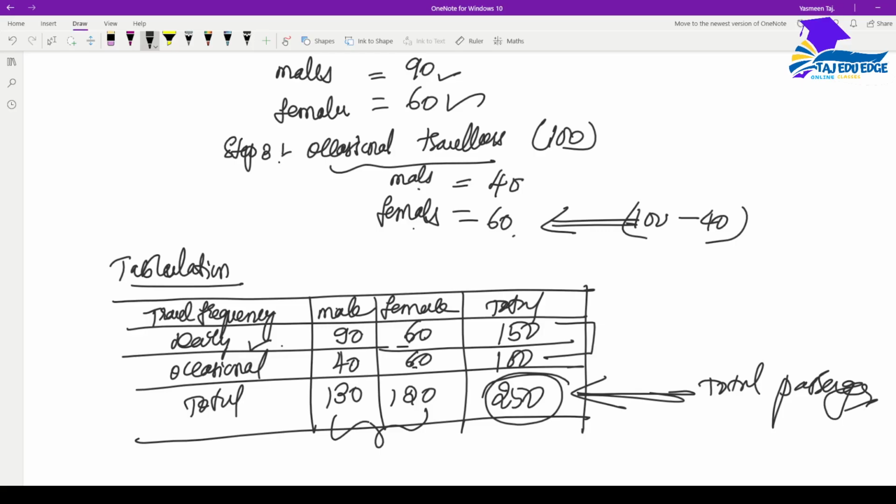I hope that you have understood all the 5 problems from these 2 videos, simple problems which may be asked in the examination. In the upcoming videos, I will be solving similar kinds of problems, but the twist is they would have asked percentage. Instead of giving the direct numbers, they would have specified percentage, and using that percentage we need to calculate, solve, and draw a table.